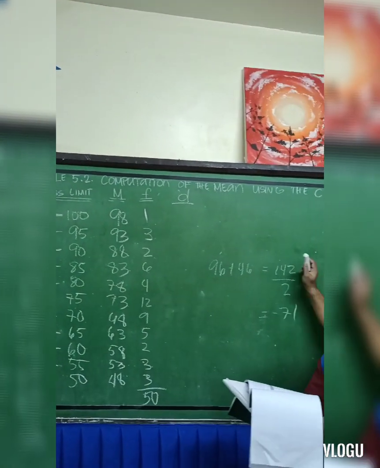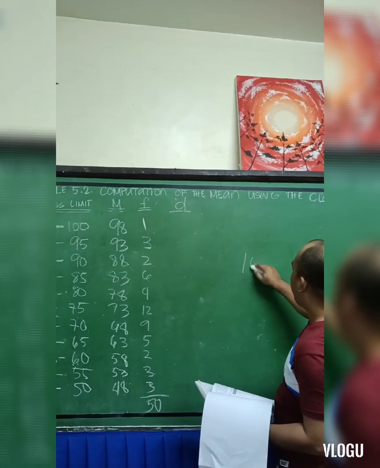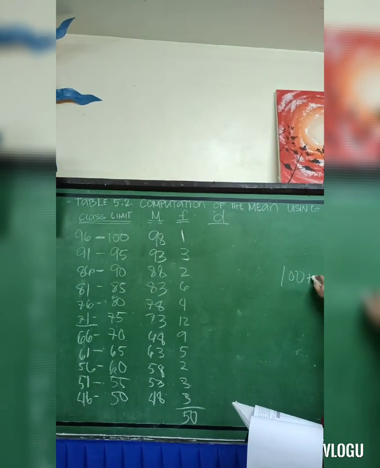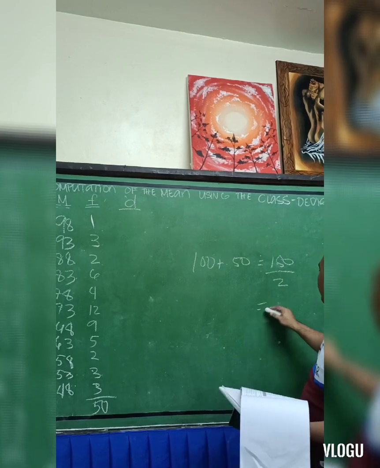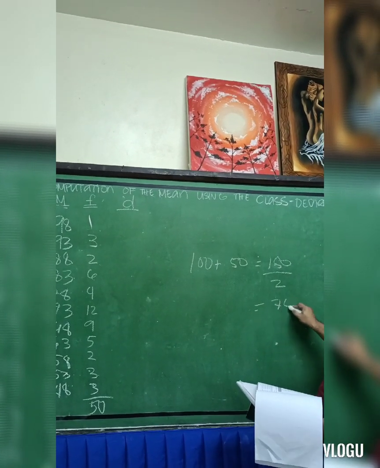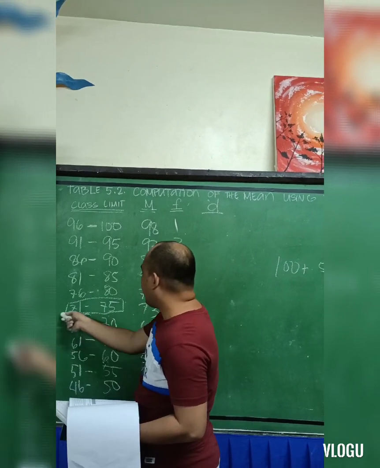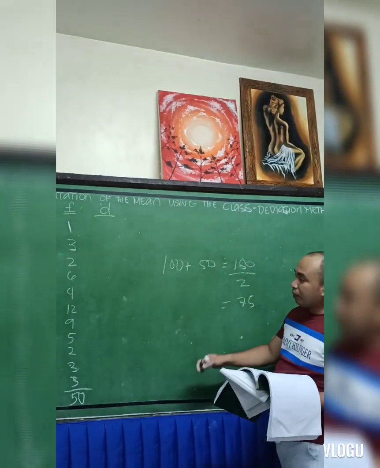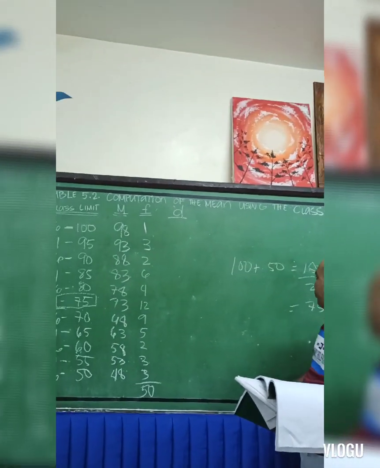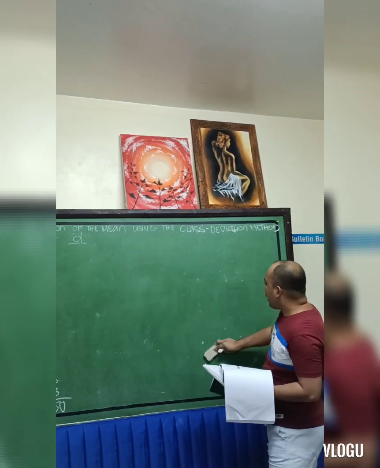Next, again, 100 plus 50 is equal to 150, divided by 2, we have 75. So now, we already have our center, 71 to 75.